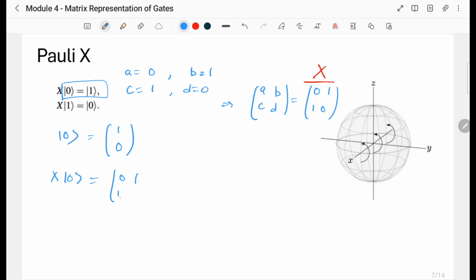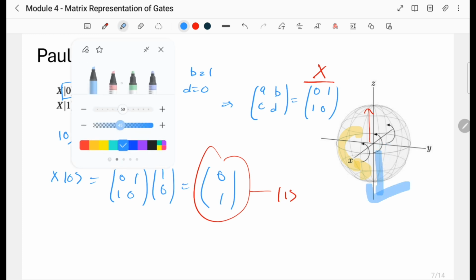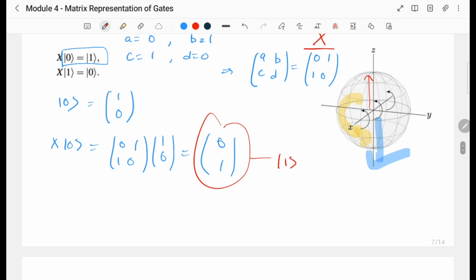We have 0 1 1 0 times 1 0, and when we apply it, we simply get 0 1, and this is the 1. And so here we can easily see how this thing, when we rotate it, which is the NOT gate or the Pauli X gate in this case, we get this vector.